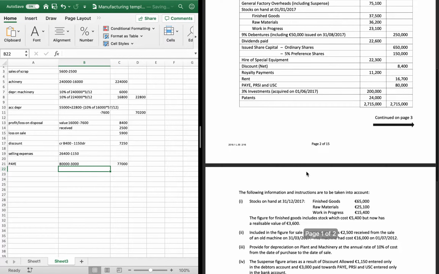So again, what's happened? The credit side has gone down by 3,000. This was 80, it's now 77, which means this side has to go down by 3,000 as well. So whatever incorporates suspense, the selling expenses go down by 3,000.